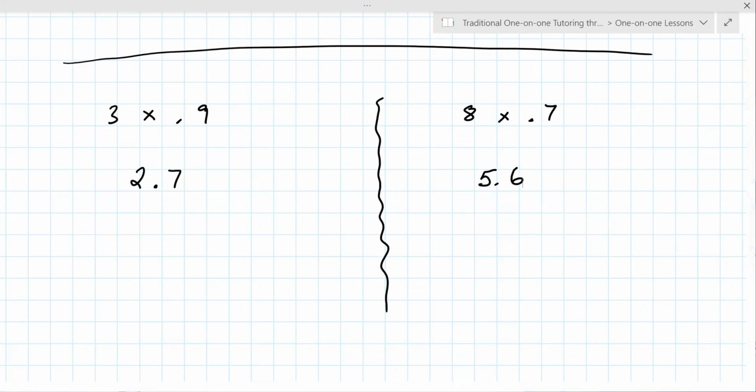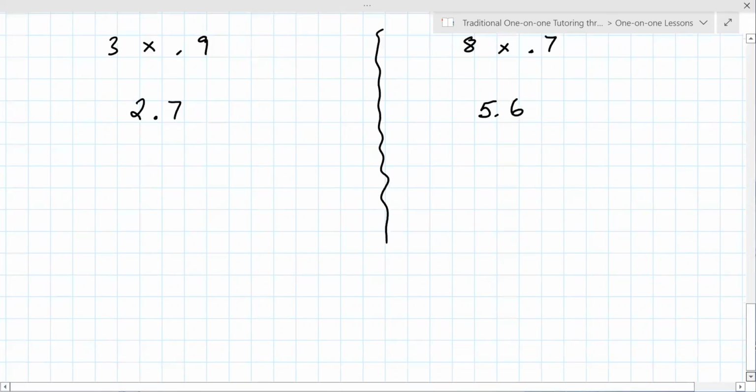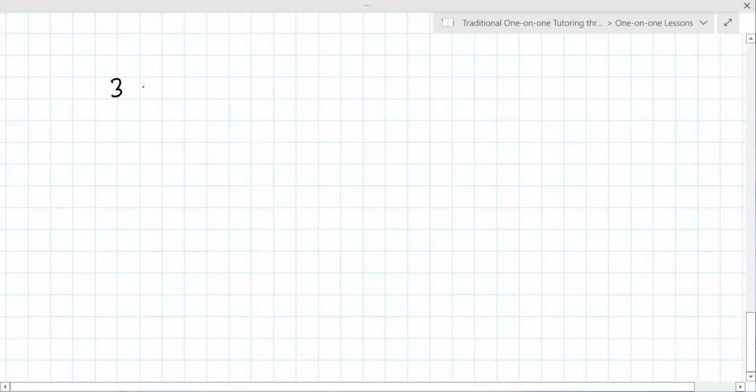Okay, I'm just going to keep scrolling through your assignment here to see what else they do. Okay, so let's give you a new problem. What is 3 times 0.6? What I've been doing for a while in all the problems is I've actually not been showing the 0, but that wasn't correct.